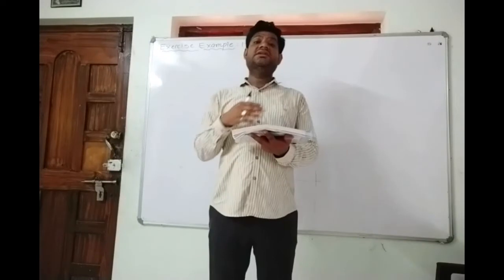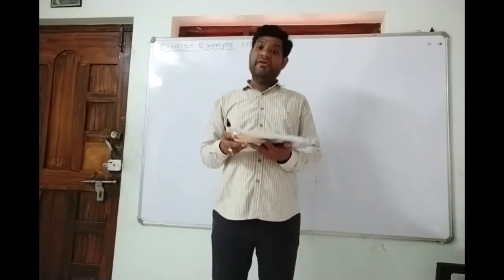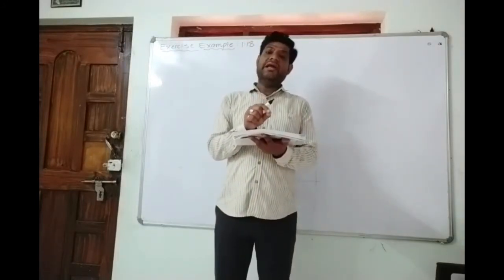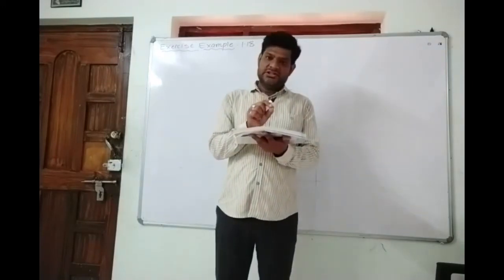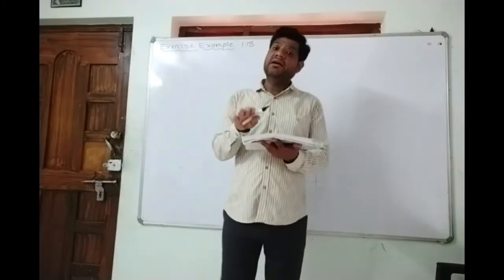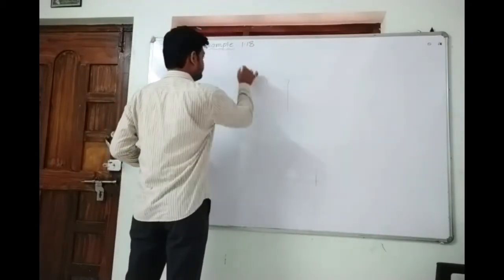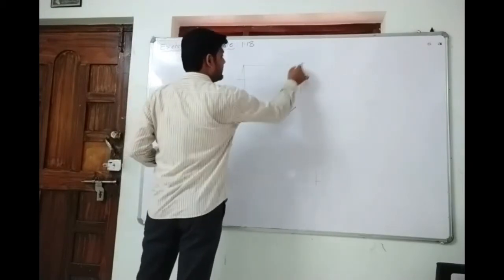If we consider the 6 faces, or 6 squares, this charge is now enclosed by the cube. See, this is the cube, and the charge is enclosed by the cube.